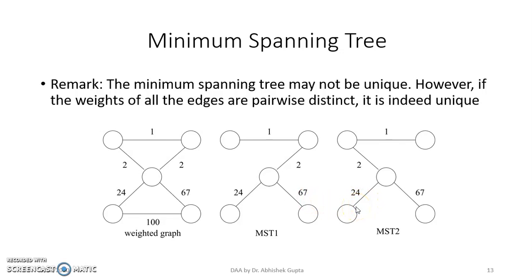However, the number of minimum spanning trees can be one, two, or more, but you have to see that all the minimum spanning trees will have the same cost, and that cost will be the minimum.